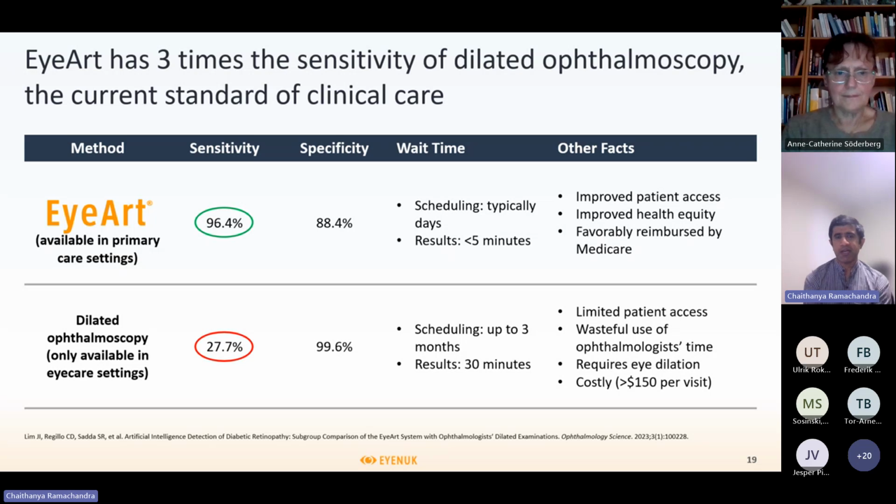As you can see, IART had more than 3 times the sensitivity. It's a hard ask to ask ophthalmologists to look for really small dot hemorrhages pretty quickly. So sensitivity can suffer, and that is what we saw in this study as well.